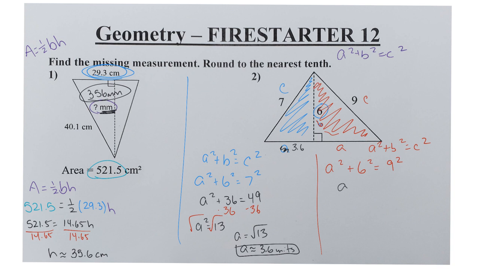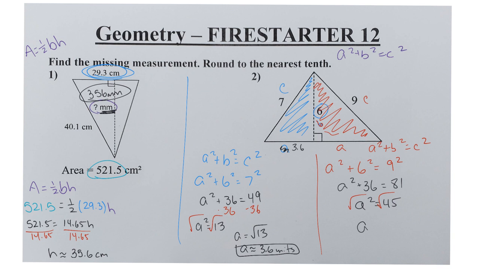So I have A squared plus 36 equals 81. Now I do 81 minus 36. I end up with 45. So I square root both sides. So A is equal to, you could break that down into 3 radical 5. Well, I'm not going to go over how to break down radicals today.